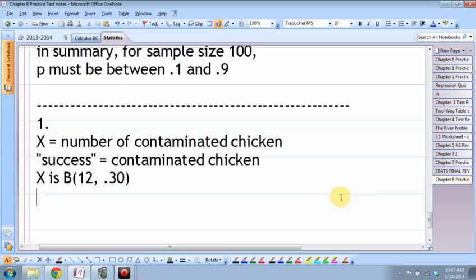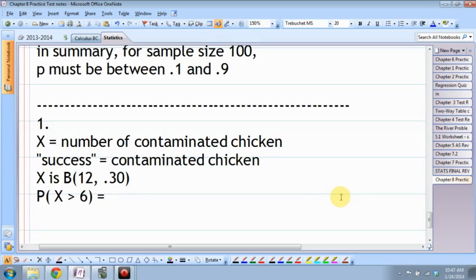Okay, so then this is pretty straightforward. Then we want to know the probability that the consumer will have more than 6 contaminated chickens. So the probability that the number of contaminated chickens is more than 6. Okay. So let's quantify.